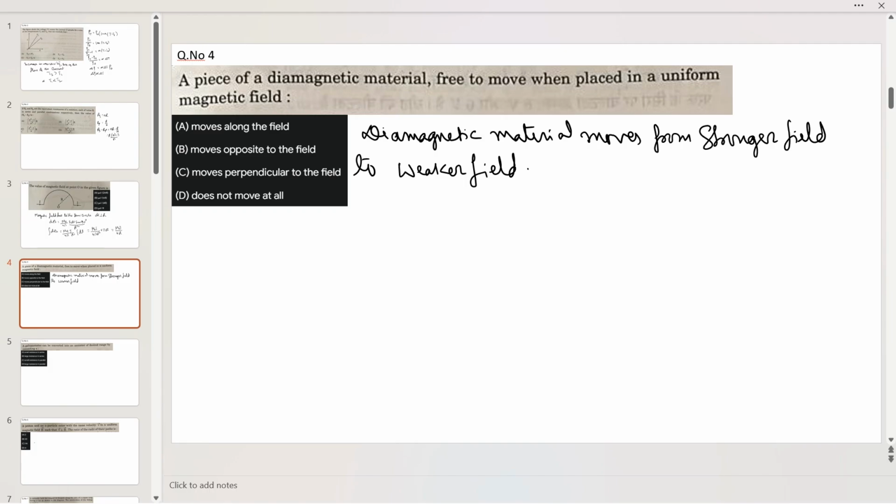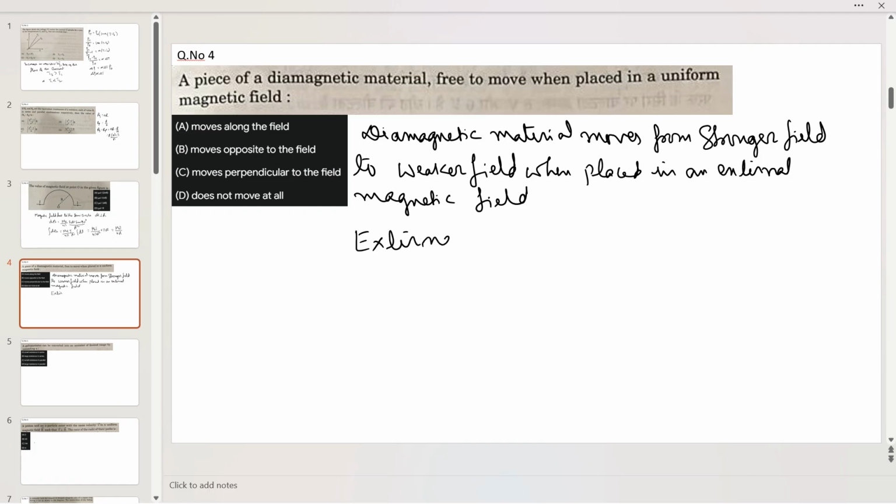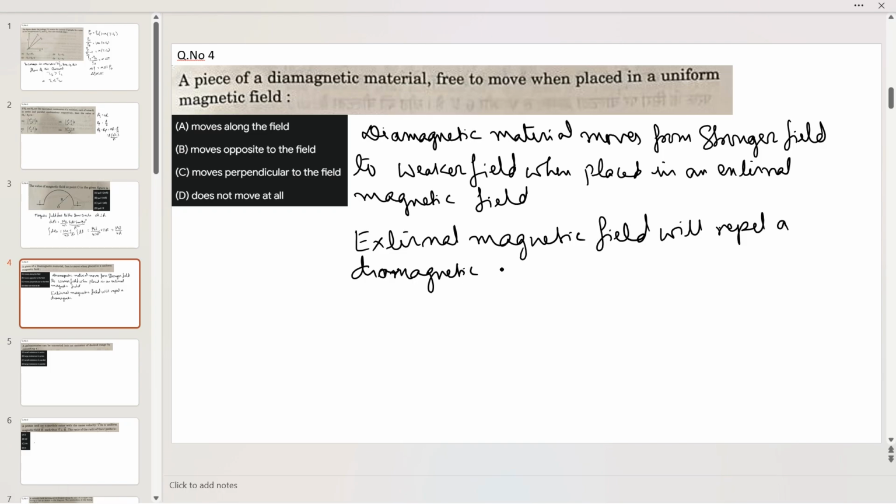When placed in an external magnetic field, this external magnetic field will repel a diamagnetic substance.